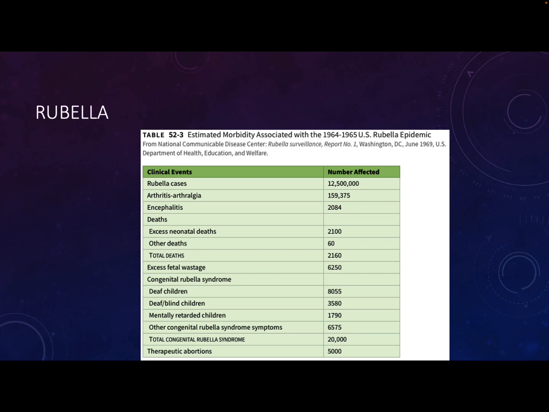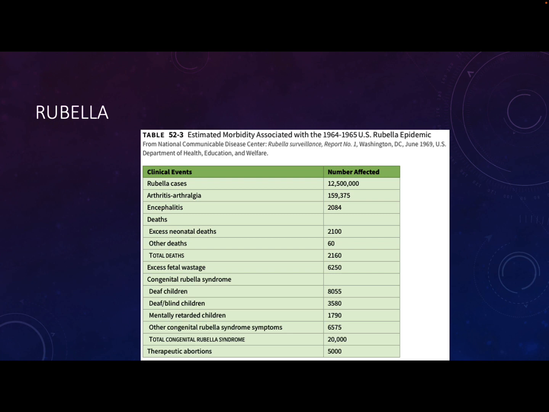So cognitive defects. 1,800 other symptoms, about 6,600 total living children that had some sort of rubella symptom at birth, about 20,000, and 5,000 therapeutic abortions. So the mothers knew that there was going to be a significant defect with their children and chose abortion, so therapeutic abortion.